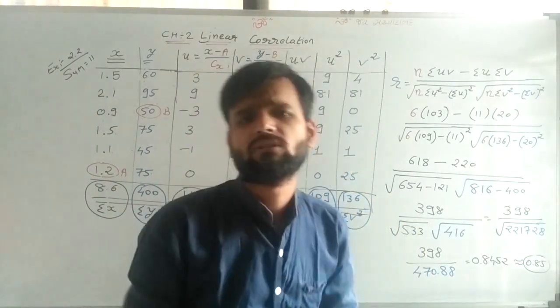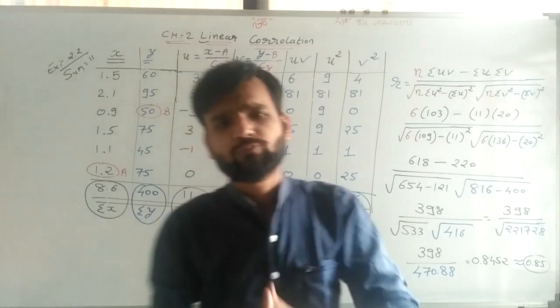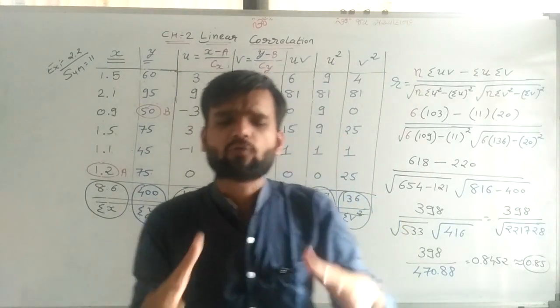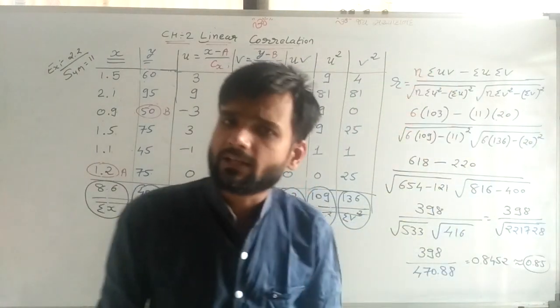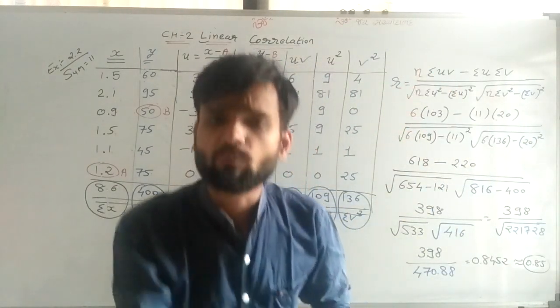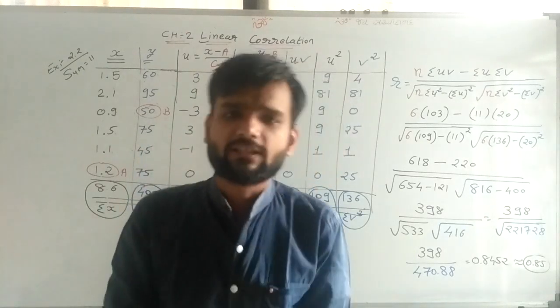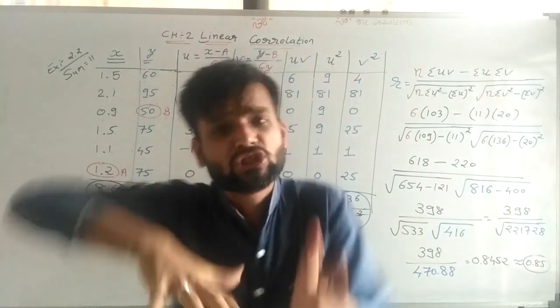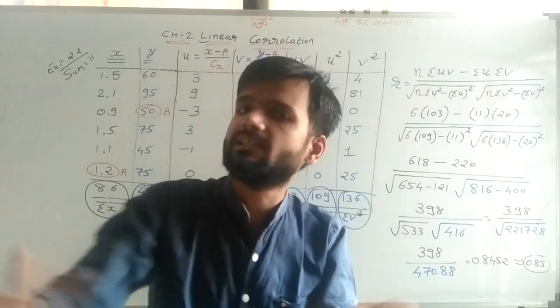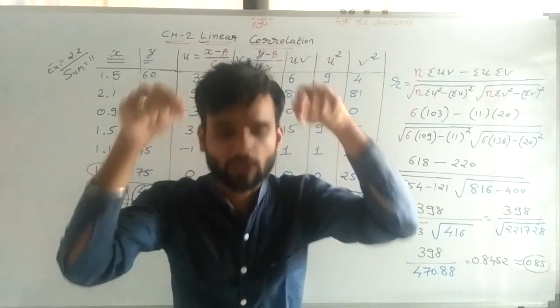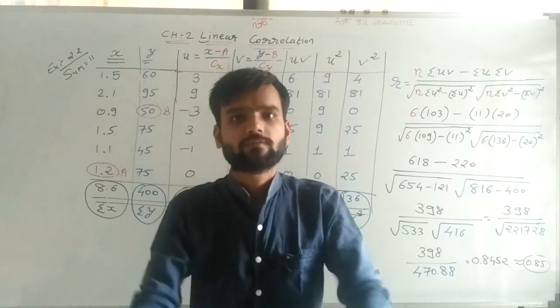But now today, what we are going to do? Today's lecture is actually about Karl Pearson's 3 formulas. Which formula you are using in which situation, so that calculation becomes easy, that we are going to learn in this lecture.